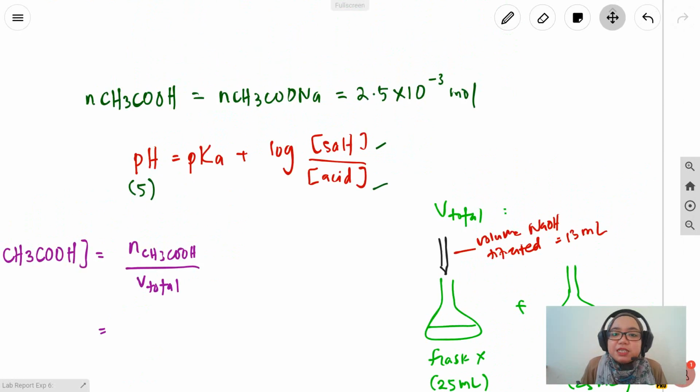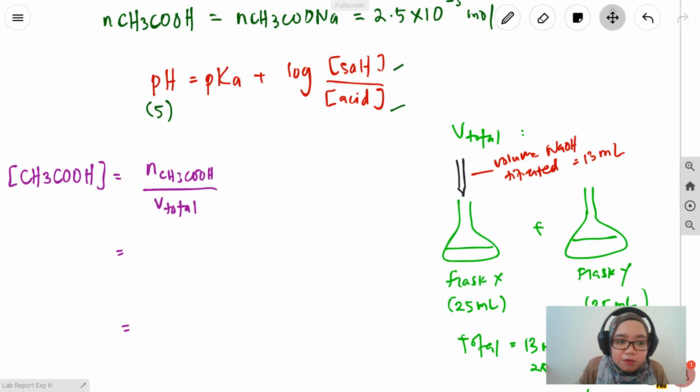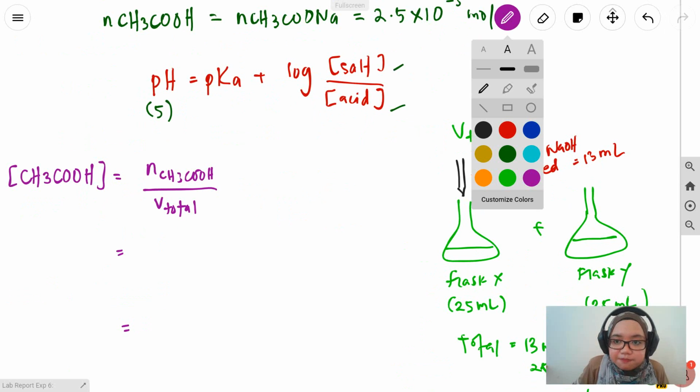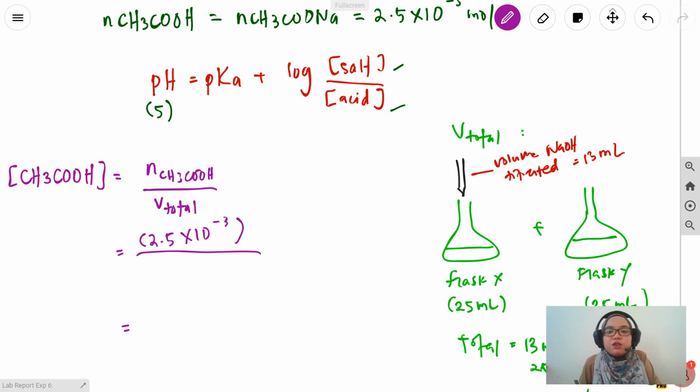The number of mole is the same, 2.5 times 10 to the power of negative 3, which we already got. Divide by the total volume that you use during the experiment in part C.